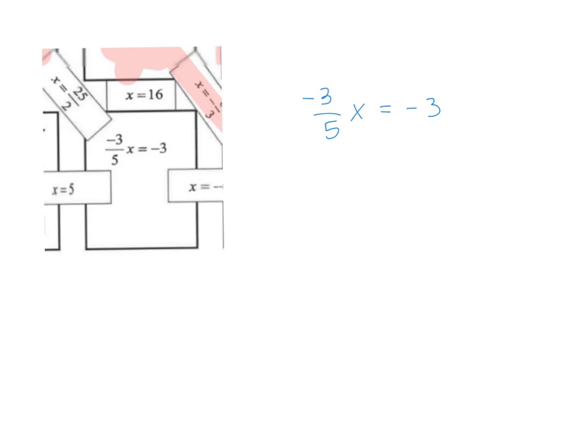We're going to multiply by the reciprocal. The reciprocal is 5 over negative 3. We're going to do that to both sides. This all cancels, leaving us with just x. Negative 3 and negative 3, you could cancel. You would get positive 5 over 1, which is the same as positive 5. We're going to the left.